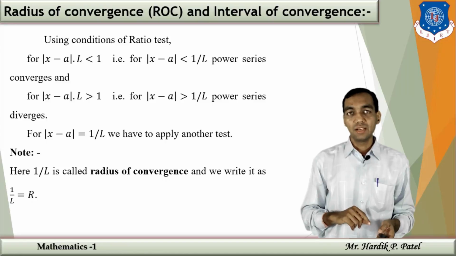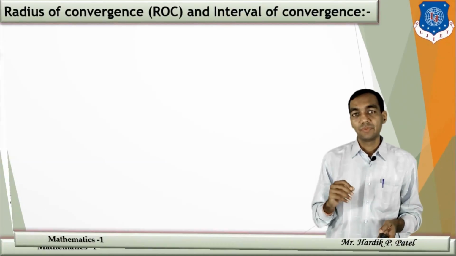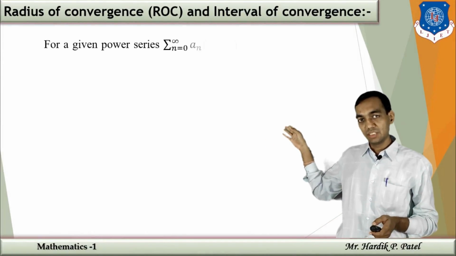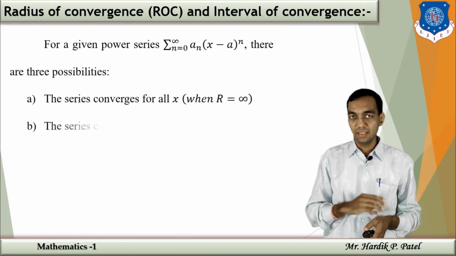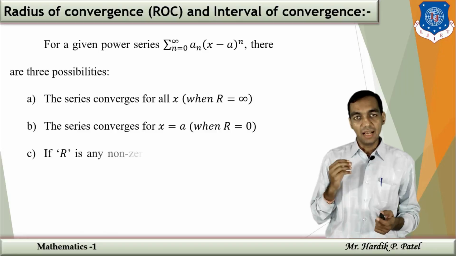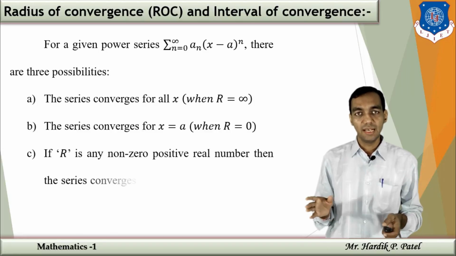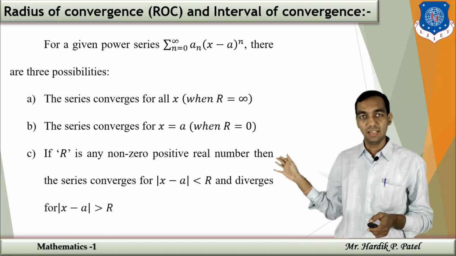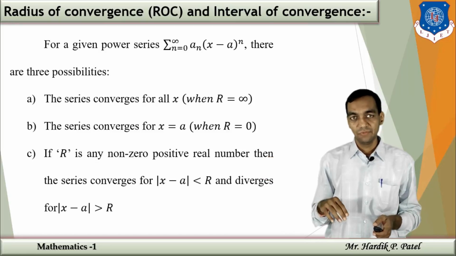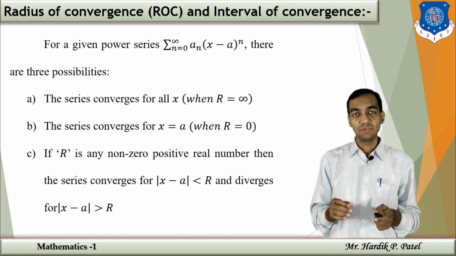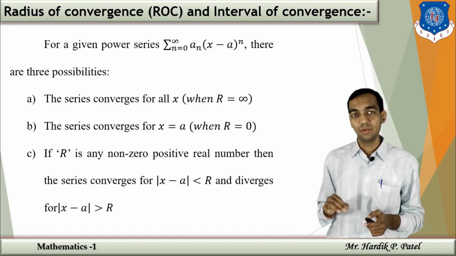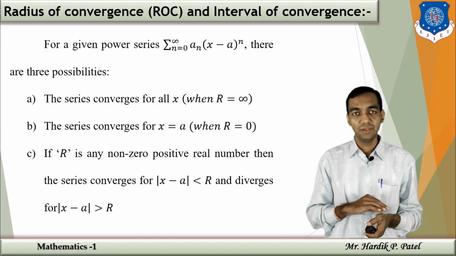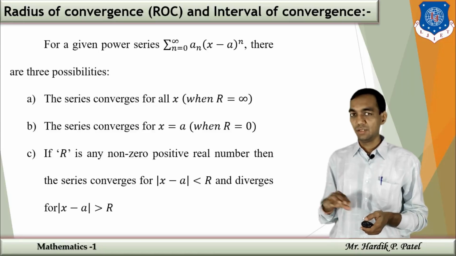Now suppose sigma an into x minus a raised to n is a series. Then there are three possibilities. Either your series converges for all x, that means your ROC, radius of convergence, is infinite. Secondly, it is convergent only for x equal to a, that means it is convergent only at the given center x equal to a, if the radius is 0.